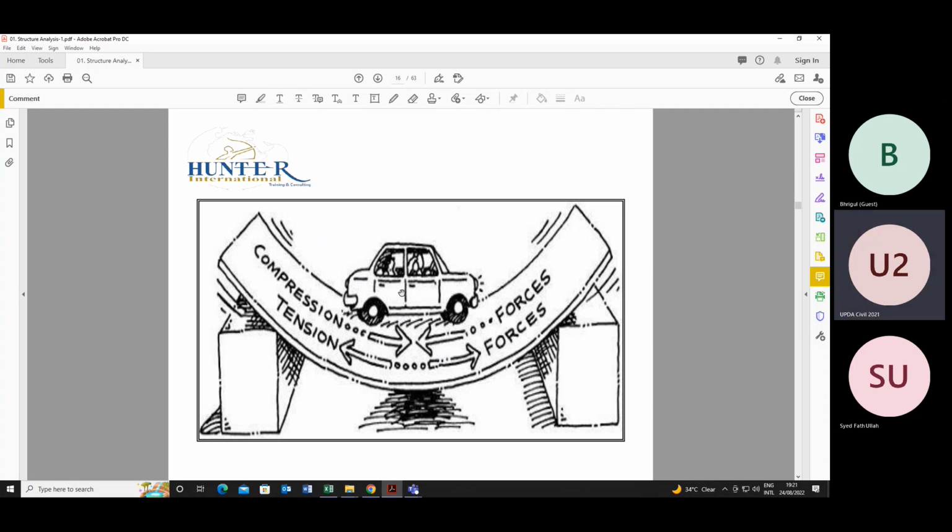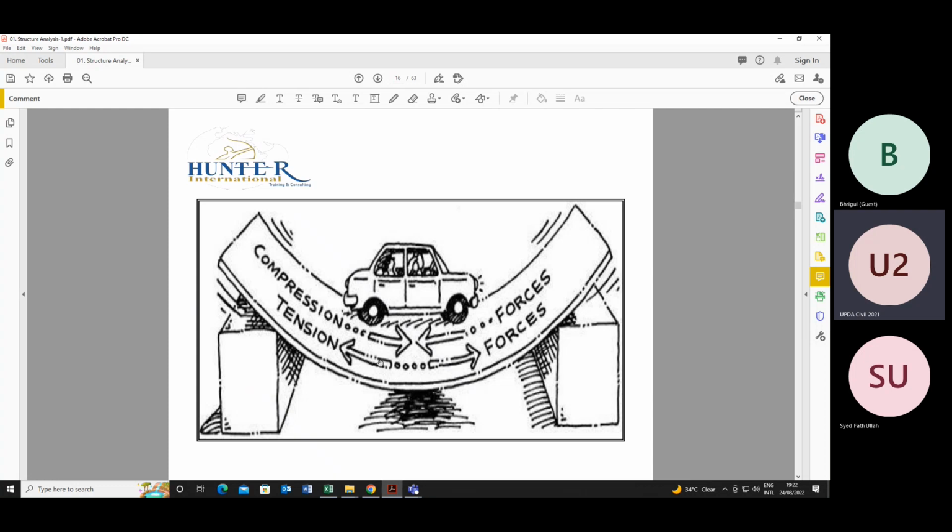So here is an example. This is a deck; we can consider it as a simply supported slab or beam. The car is on the top. The upper fiber will be under compression, and the member will bend in this shape.